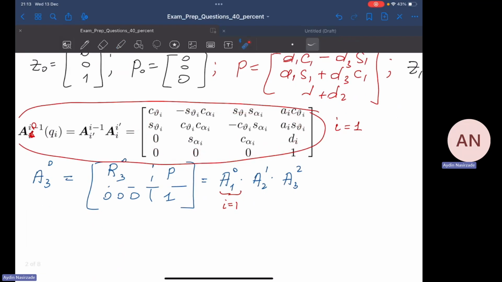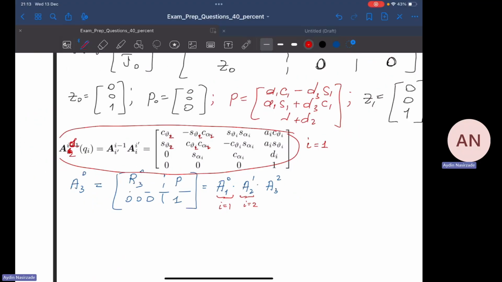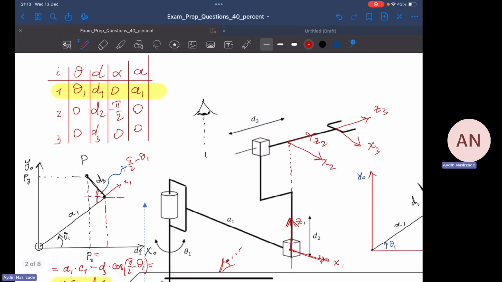Now, if you are supposed to find A2 to 1, i is equal to 2 now. Again, instead of i, you have to write 2 everywhere, like 2, 2, 1 in this case. Then from the DH parameter table, you have to choose the second row.